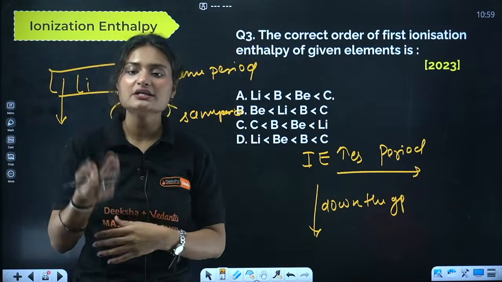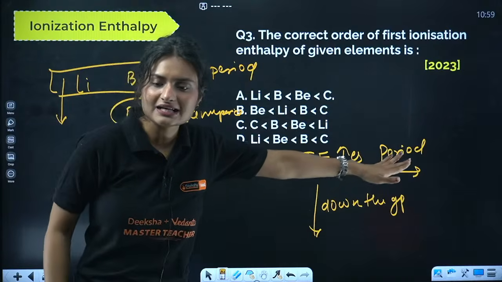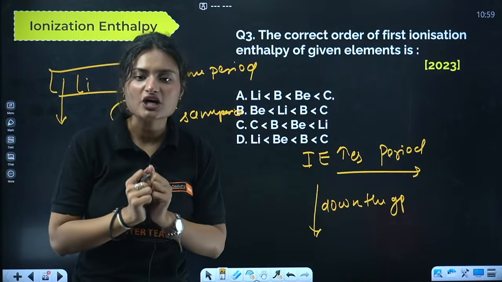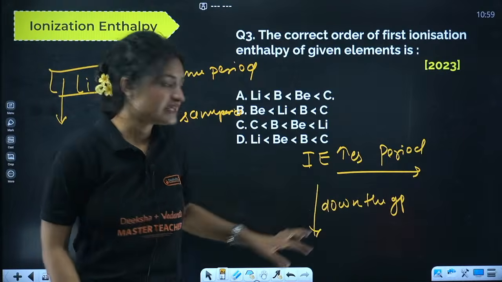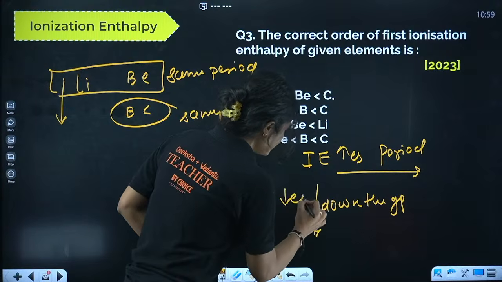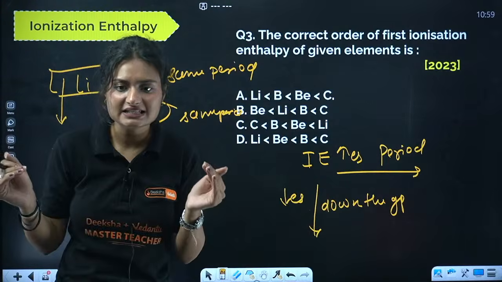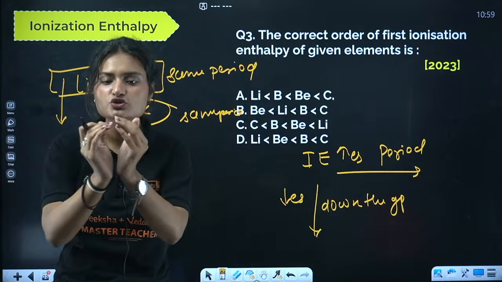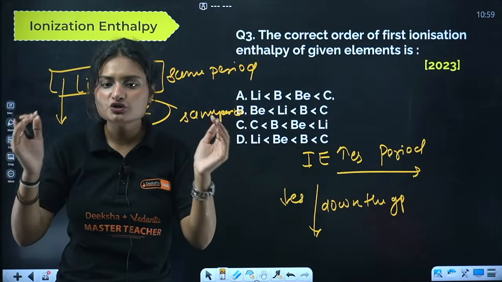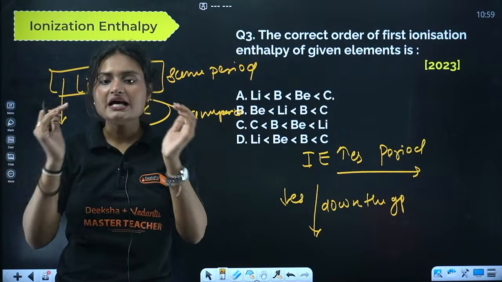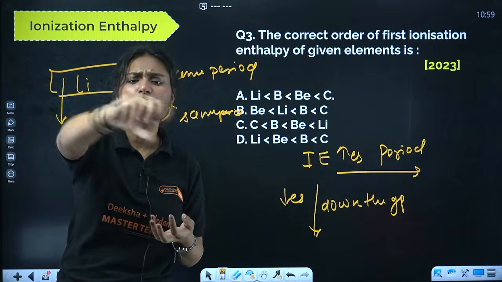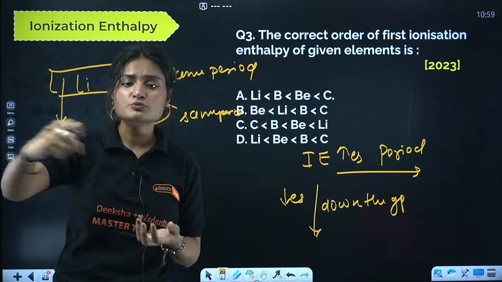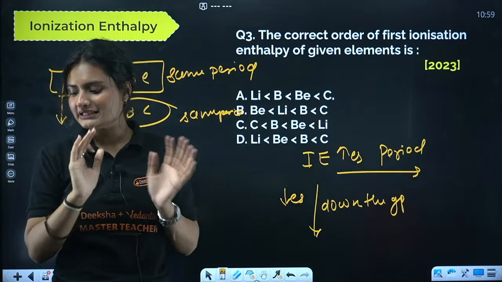It increases along the period because nuclear charge increases. It decreases down the group because size increases. If size increases, nuclear pull decreases, so it is very easy to remove the electron with little energy.